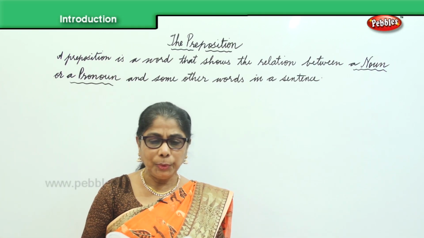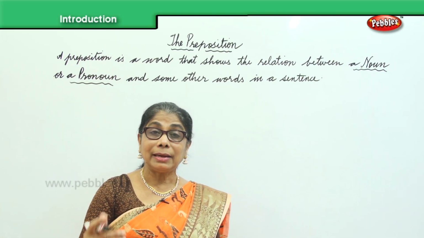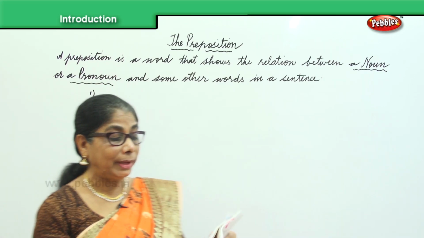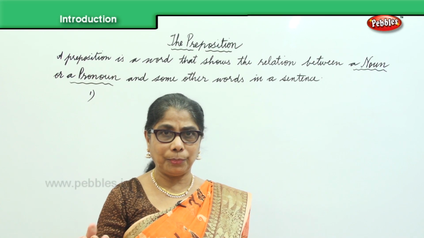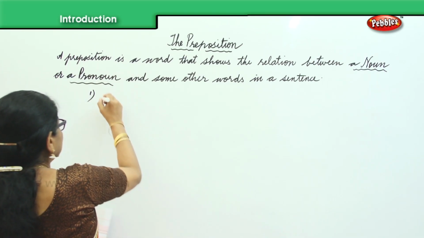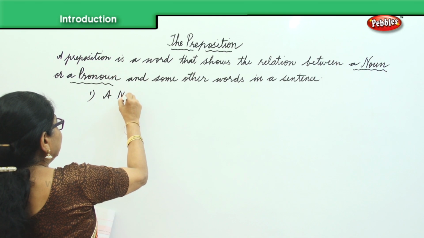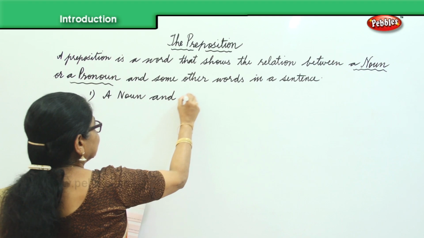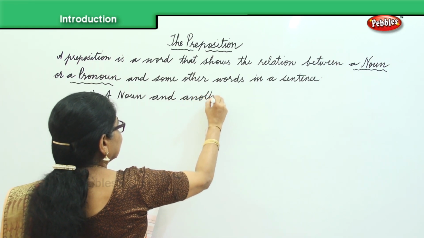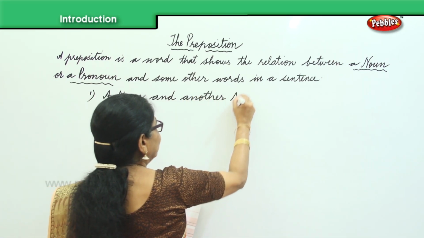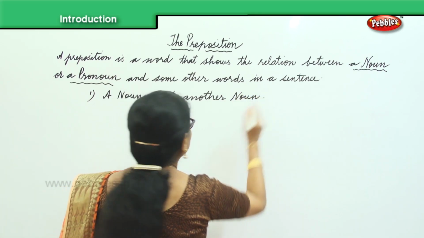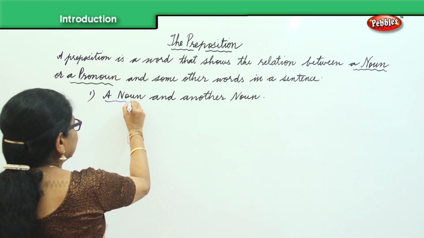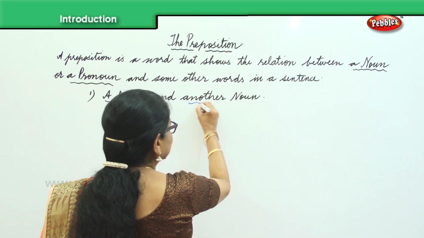in the sentence. Now what we're going to look at is this preposition. It can show relation between a noun and another noun. That's what we are going to look at now. A noun and another noun.